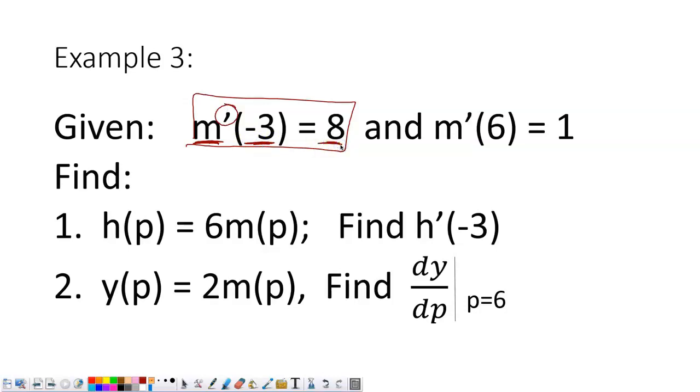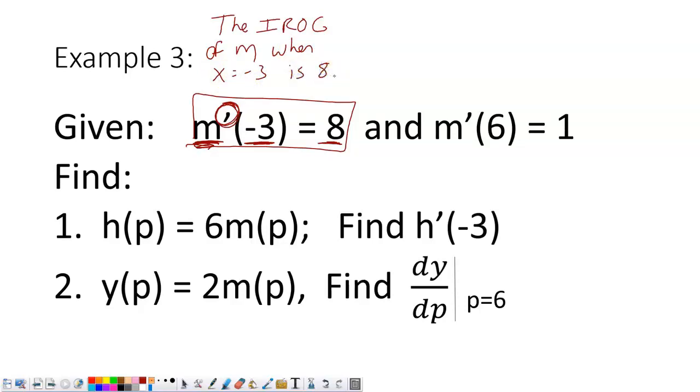So here's what this little statement means in English. In English, instead of math speak, what I boxed here is telling us that the instantaneous rate of change, that comes from the derivative here, the instantaneous rate of change of m, that's my function, when x equals -3 is 8.